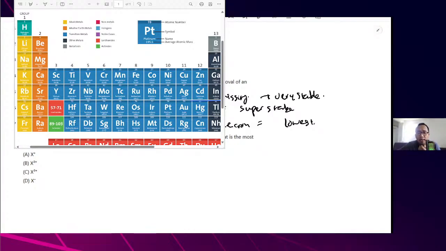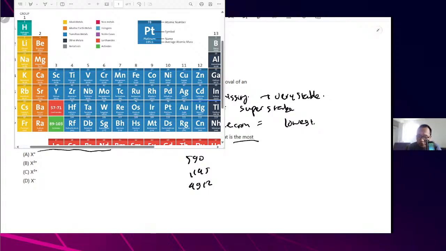Okay, and then let's move on to number 30. The first three ionization energies of element X are 590, 1145, 4912. What is the most likely formula for the stable ion of X?